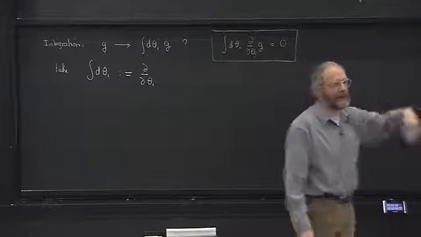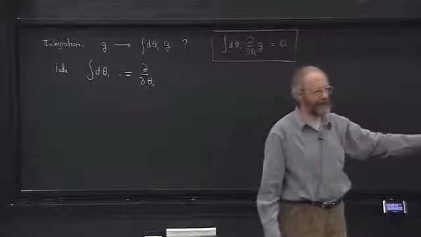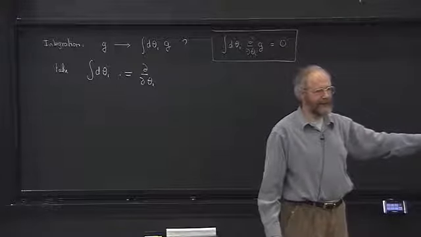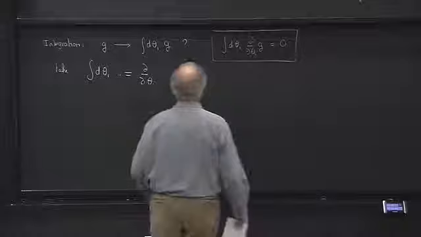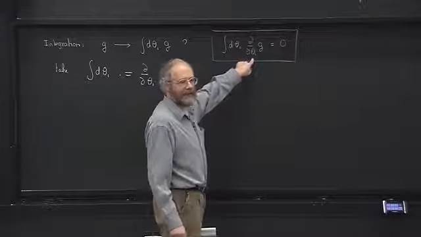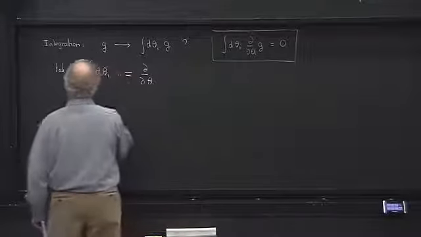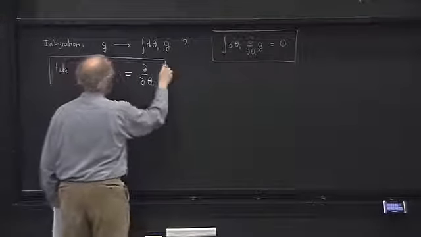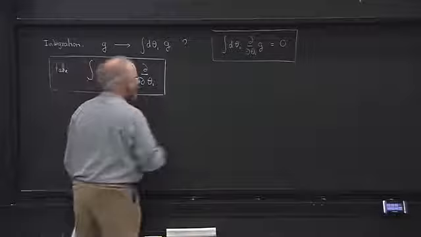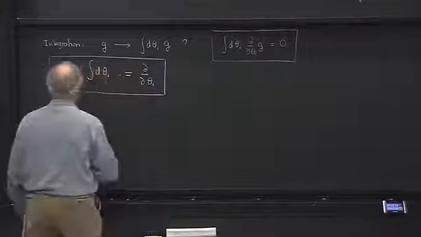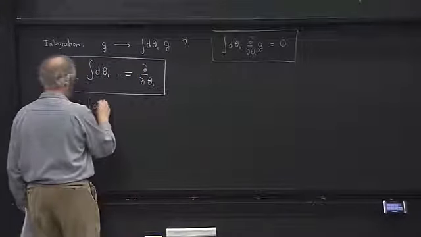If you take the second derivative of any function with respect to one variable, it gives 0. Therefore, this is automatically satisfied. So it's a bit strange definition, but it works very well. And of course, the same thing for d theta bar I.